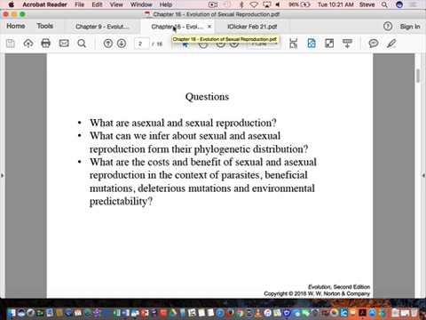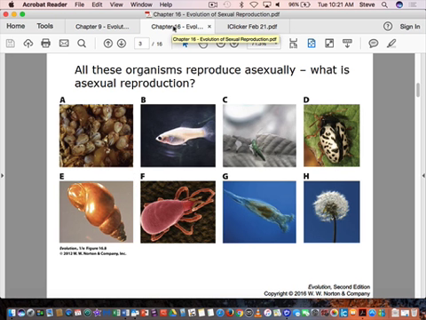All of these organisms right here reproduce asexually. This is a marine clam.